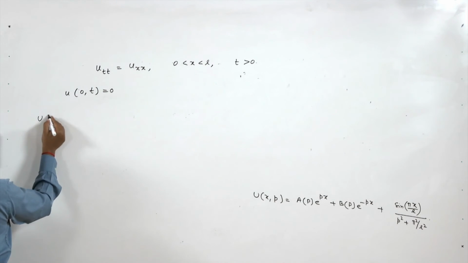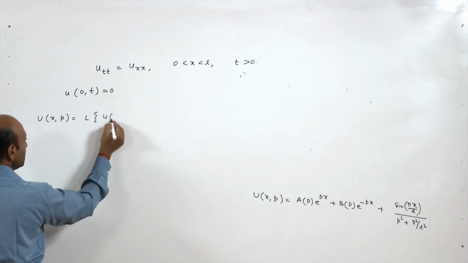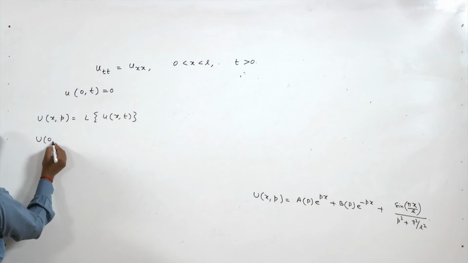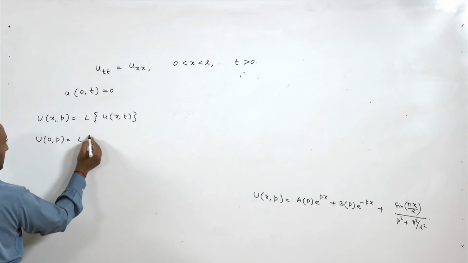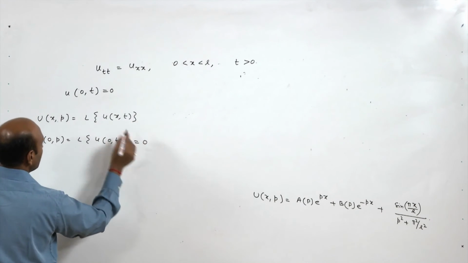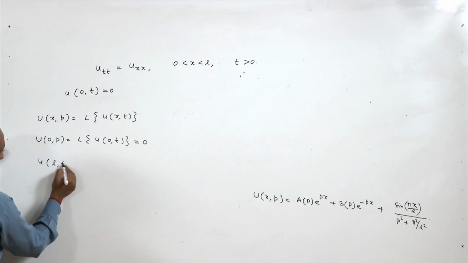Now U(x, p) is nothing but the Laplace transform of u(x, t). So U(0, p) will be nothing but the Laplace transform of u(0, t), which is nothing but 0 because this is 0. And the other condition is u(L, t) equal to 0.